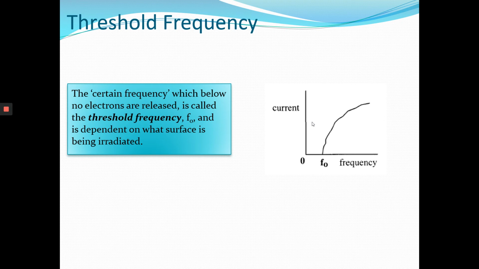So if we are releasing electrons into a wire, for example, then those electrons being released is just current. So above the threshold frequency, we see that there are electrons being released. Above a certain frequency, electrons get released and we get a current of electrons.